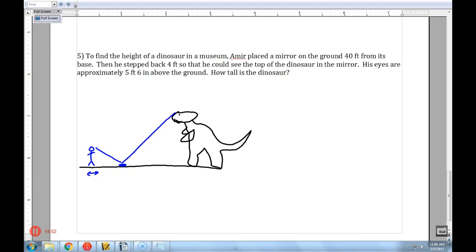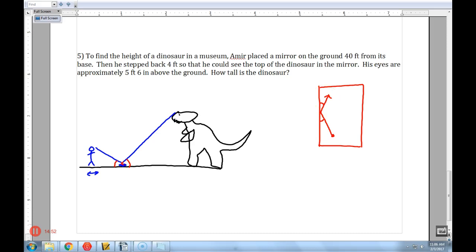Once you get to that magic point, mirrors work in such a way that your line of vision, whatever angle it comes in, it goes out. It's called the angle of incidence and the angle of reflection in physics, or it even happens in pool. If I'm playing on a pool table and I shoot a ball and it hits right there, whatever angle this is, it's going to take off at the exact same angle. That's kind of the idea that we're using.